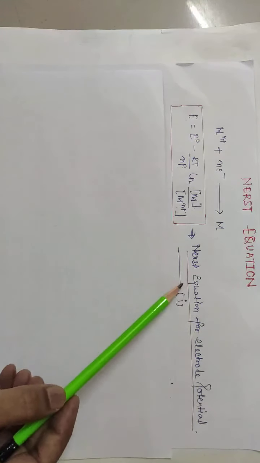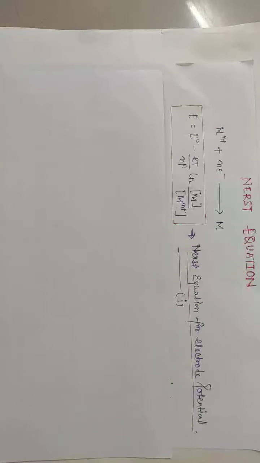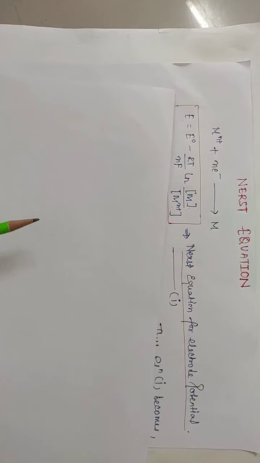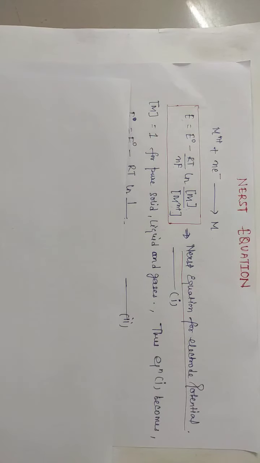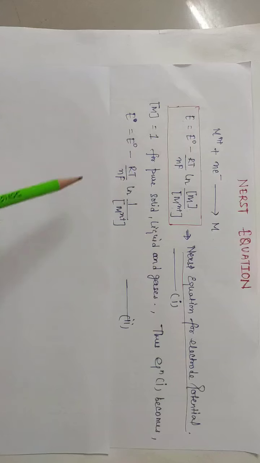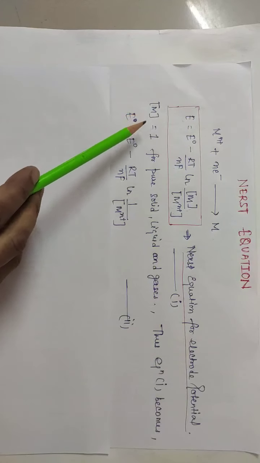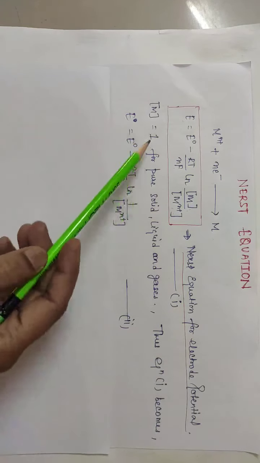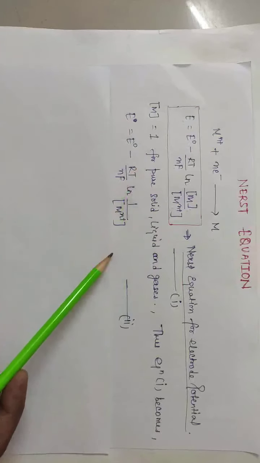This is the Nernst equation for the electrode potential. Now for pure solids, liquids and gases, the molar concentration is taken as unity. So putting 1 here, we have this.